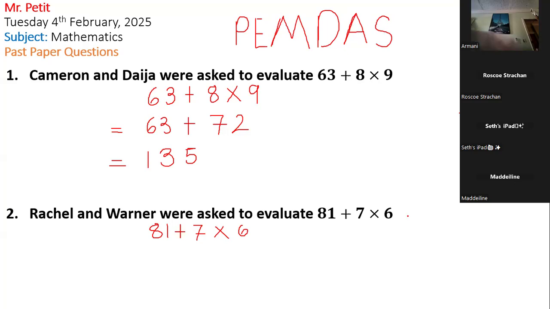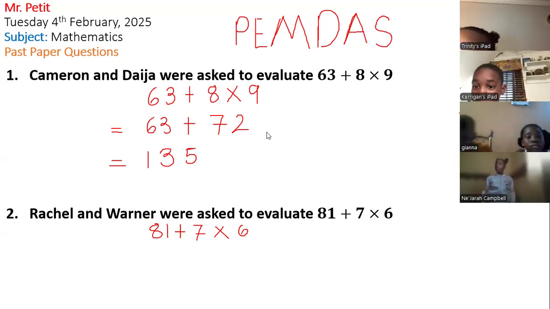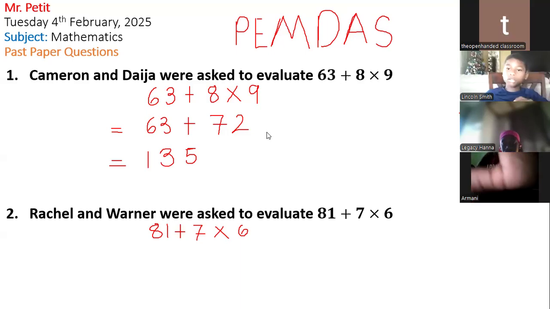Move your chair over to the right hand side. I don't need to see the picture. Where's Armani? Can you hear me, Armani? Yes, sir. I can't see you. You see how you see Najara? You can see her. You see Roscoe. You can see him. I cannot see you. I need your face in the screen.